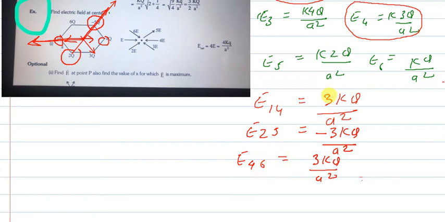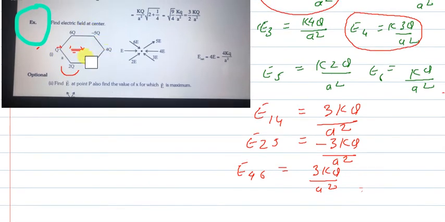Now see, again I am going to rub this diagram. Look at the diagram, because everything is in the diagram only. Now finally, E14. Look very carefully: E14 is in this direction, E25 is in this direction, and E46 is in this direction, and all the magnitudes are equal.